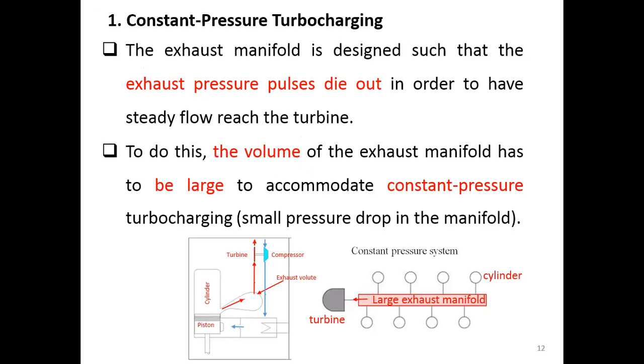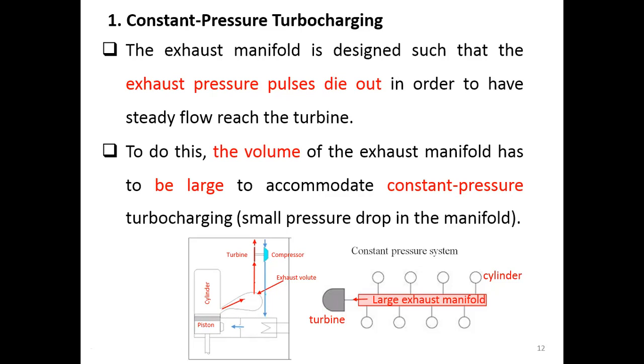So to do this, the exhaust manifold has to be designed such that the exhaust pressure pulse will die out, so that the steady flow will happen when it reaches the turbine.